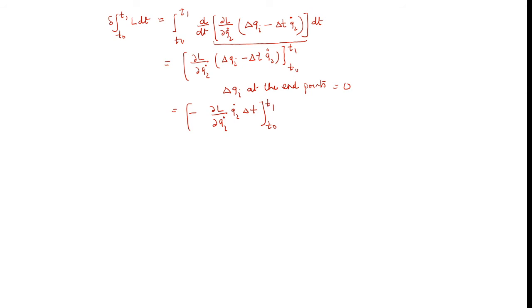Again, I can replace ∂L/∂qi dot by pi, so minus pi qi dot δt for the limits t0 to t1. Now this is the value of this delta.